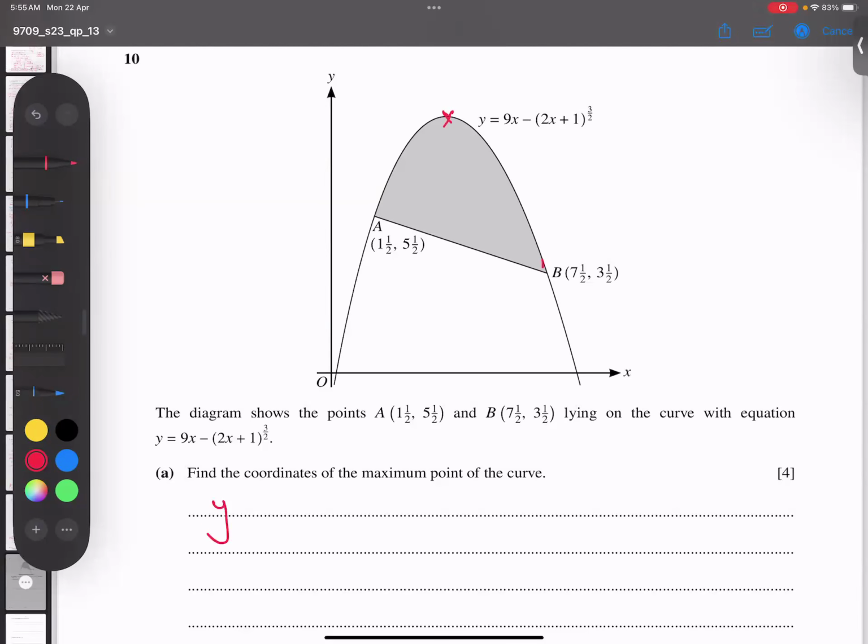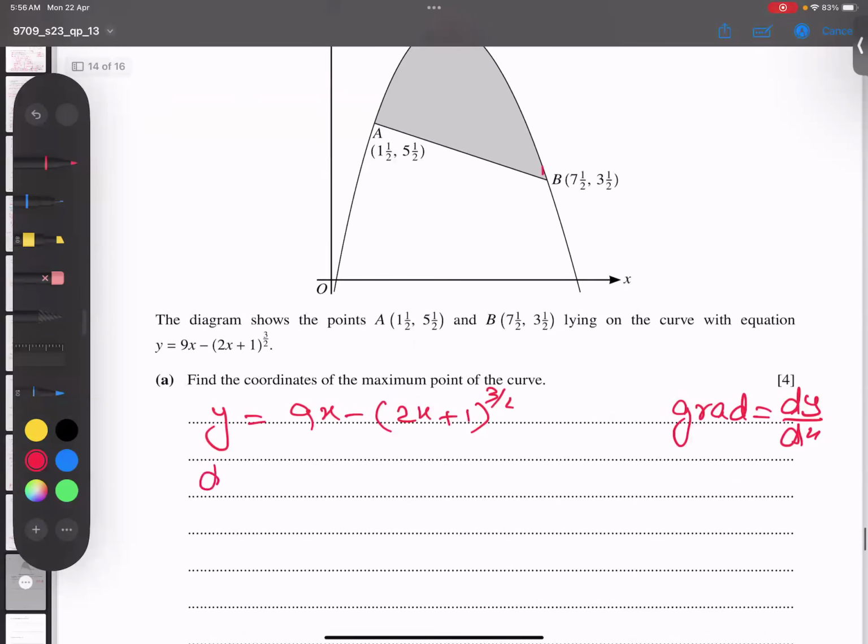It means I will differentiate and set the derivative equal to 0. Because, you know, students, the gradient of a line parallel to the x-axis is 0. And the gradient is also called the derivative, dy over dx. So I'm differentiating. 9x becomes 9. This power will come down and the power becomes 1 less.